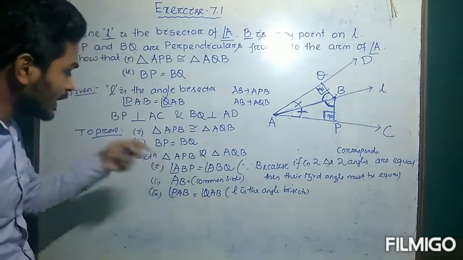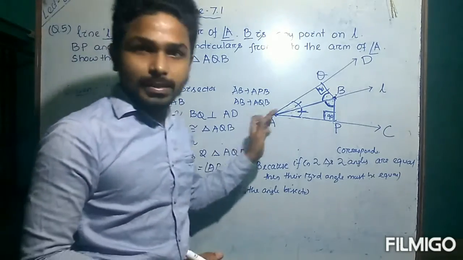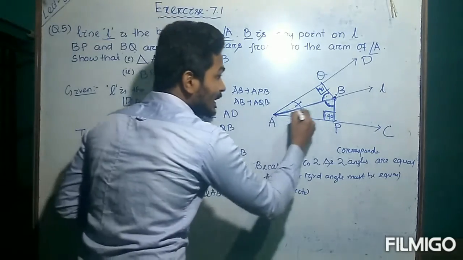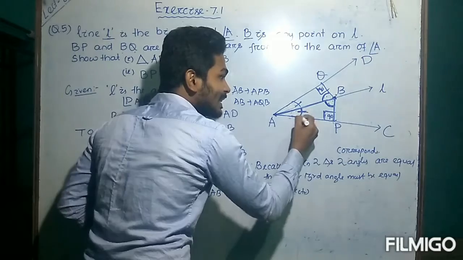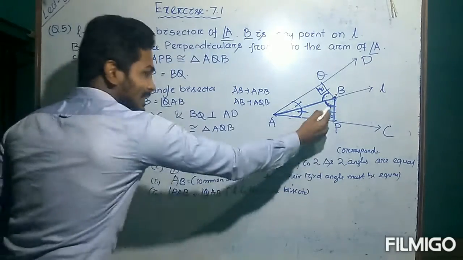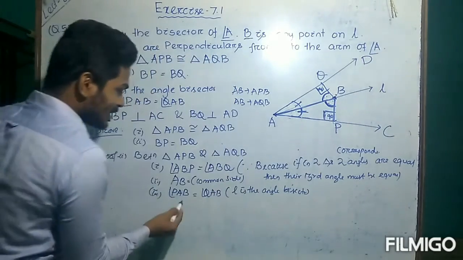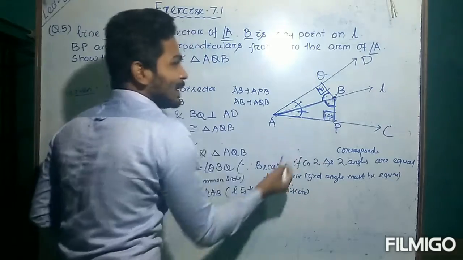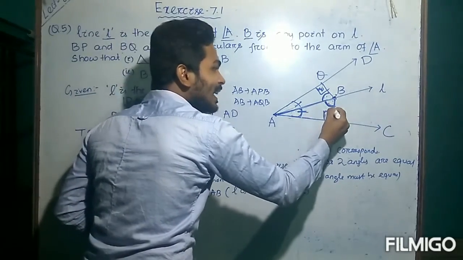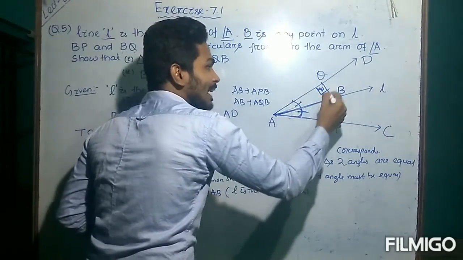Understood? Now we have found the three conditions. Let us identify which congruency it is. Now we get that in this triangle, this angle, this angle, and this side: angle, side, angle. Similarly here, angle, side, angle.